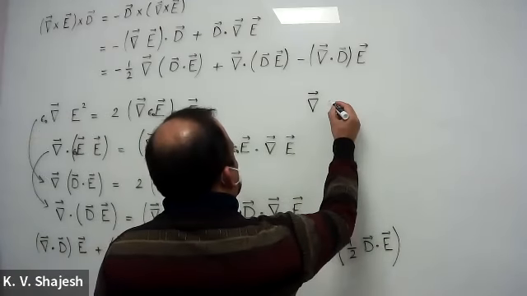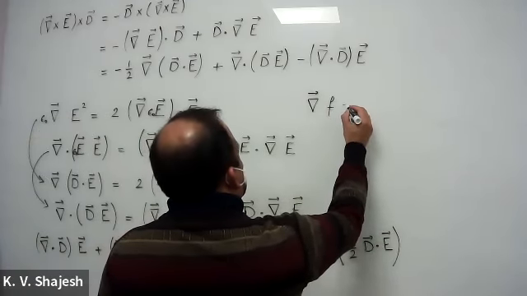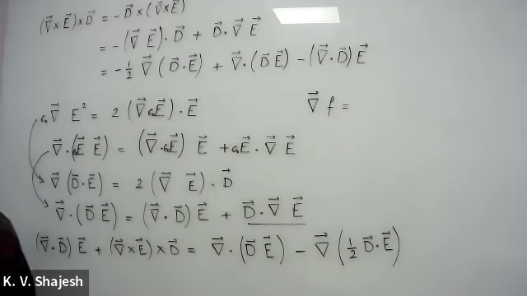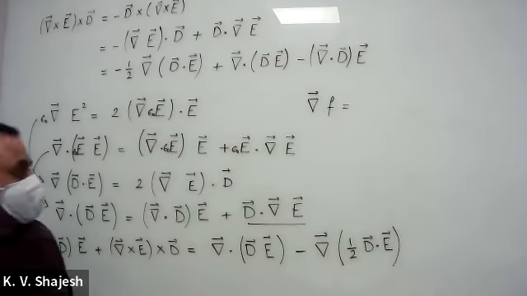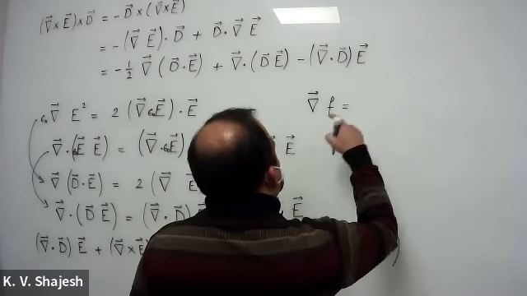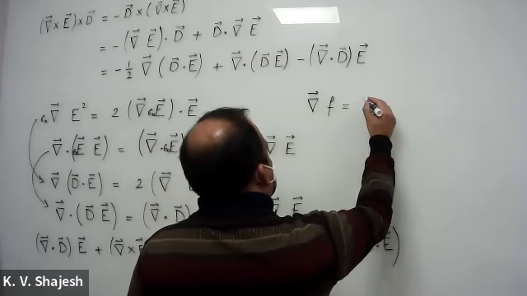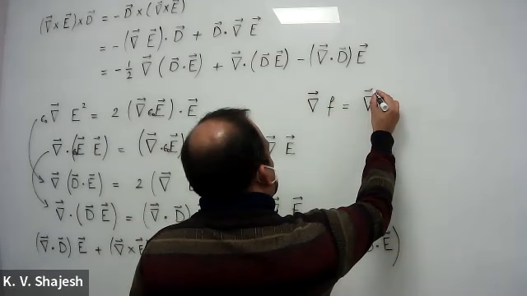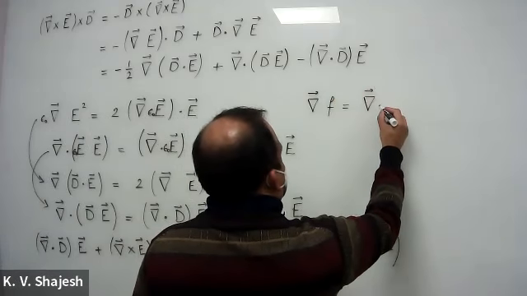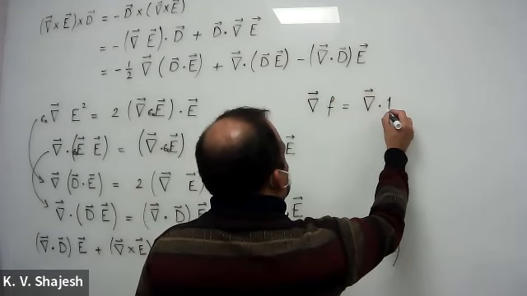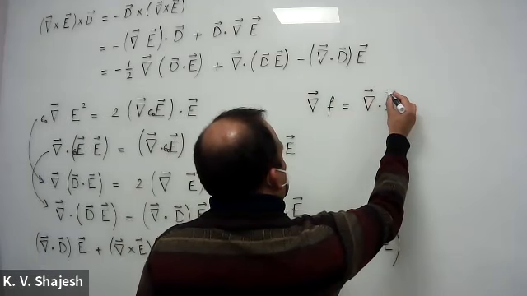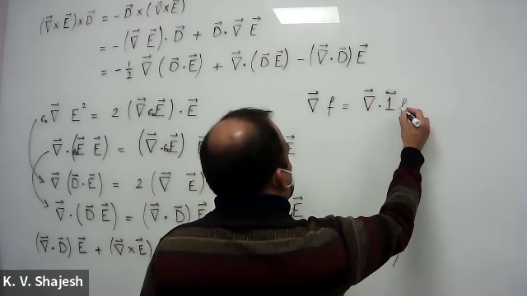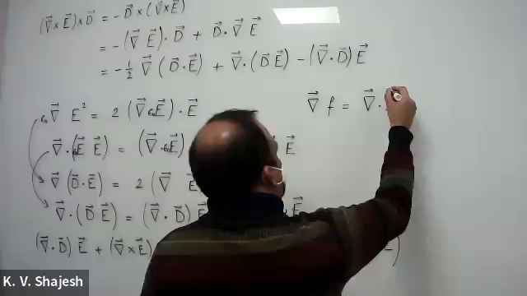If I have a gradient of a scalar, I can interpret it as a vector. This is the same as 1, I can always multiply by a 1. And then there is an f. Is that clear?